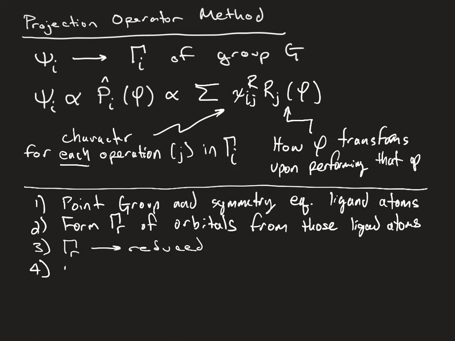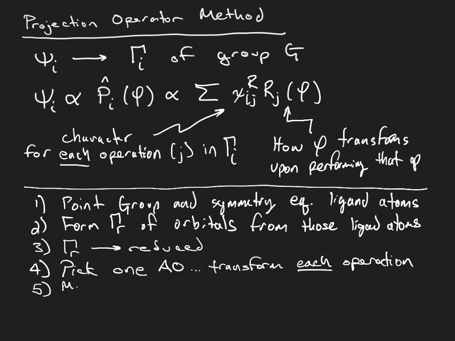We're then going to pick one atomic orbital in most cases. Sometimes we're going to be generating linear combinations and using those. And we're going to see how this atomic orbital transforms after doing each operation that defines that point group.